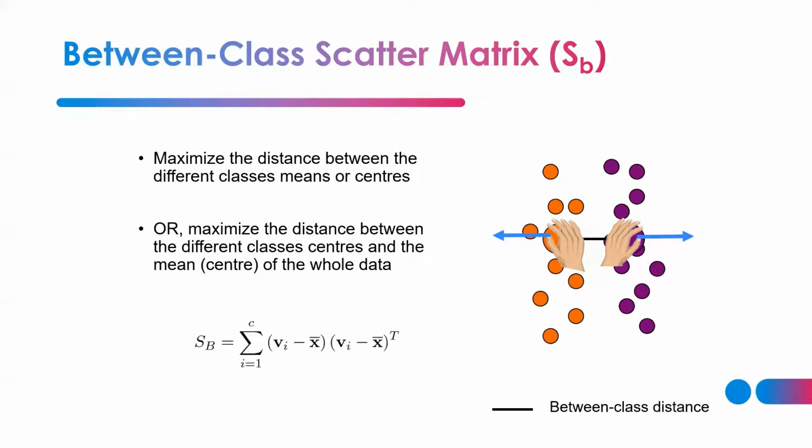So purple and orange, push each one of them away, maximize the distance between them, and then you will have a good criterion for classification. This is one part of the objective function of linear discriminant analysis. So between class, remember this: push them away from each other to increase the distance between them. So you aim to guarantee separation between these two classes.